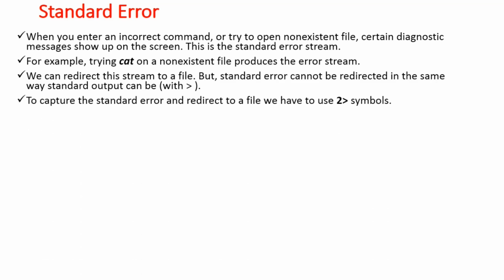If you want to redirect standard error data to a file, you need to use the symbol 2 greater than. Using this, you can redirect to any file. Here the character 2 indicates standard error. Let us see the examples.